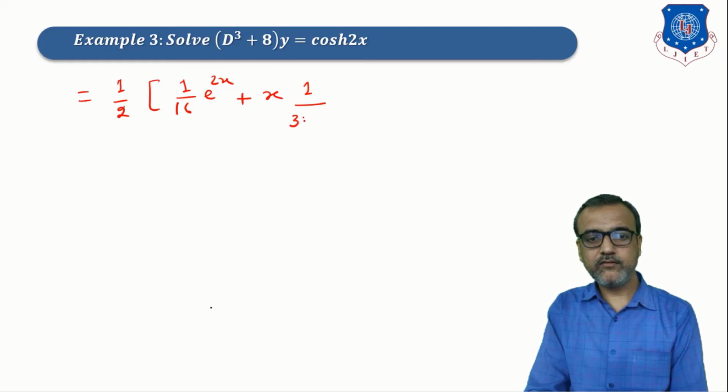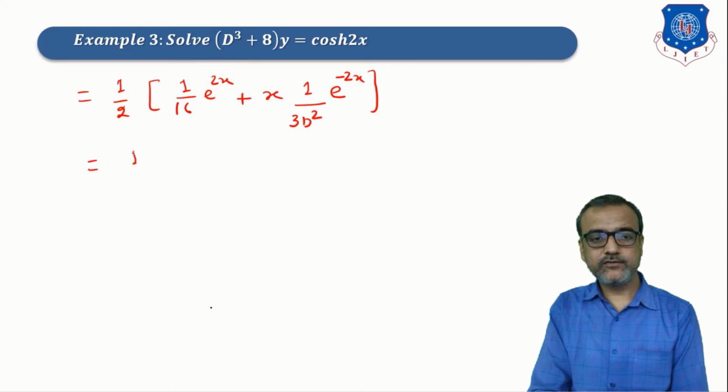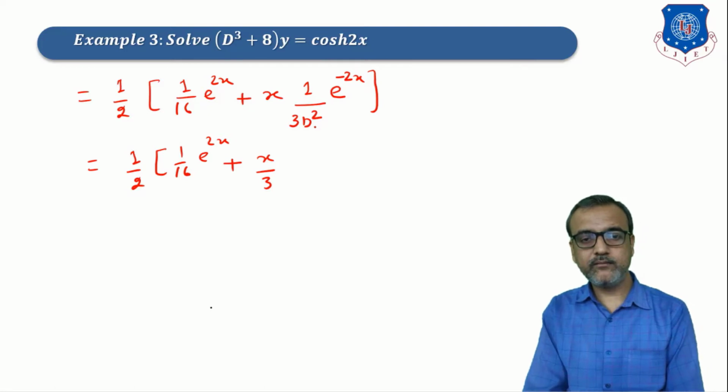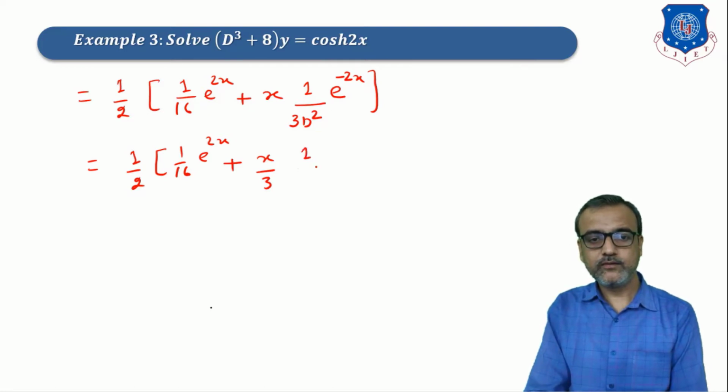The derivative of D cube is 3D square, and 8 is a constant, its derivative is 0, and here we have e raised to minus 2x. Now this is equals 1 upon 2, 1 upon 16 e raised to 2x plus x by 3. Now replacing D by minus 2, we have minus 2 square, that is 4, e raised to minus 2x.